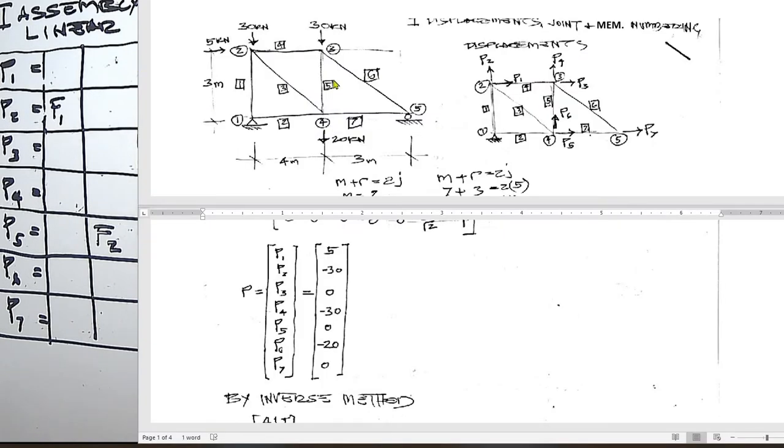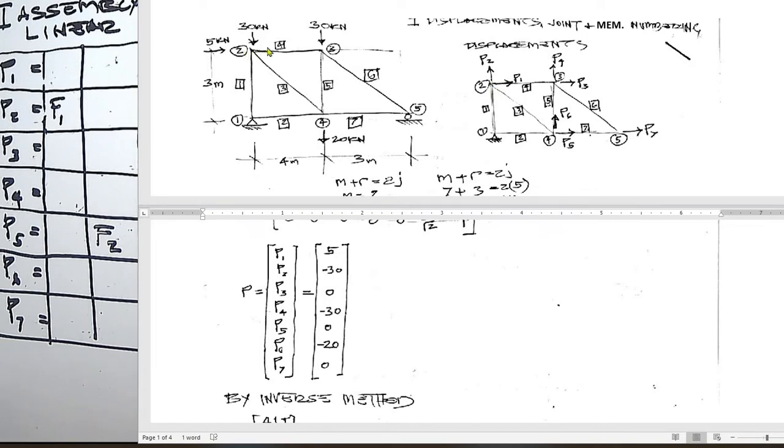Okay, so balik tayo sa ating figure, tapos yung nasa part 1. Okay, ito yung ating P matrix. Sa P1, ito siya. Ano ang katumbas niya na load? Horizontal at joint 2.